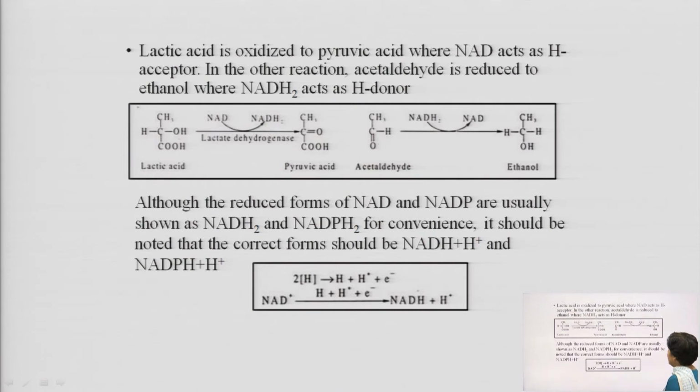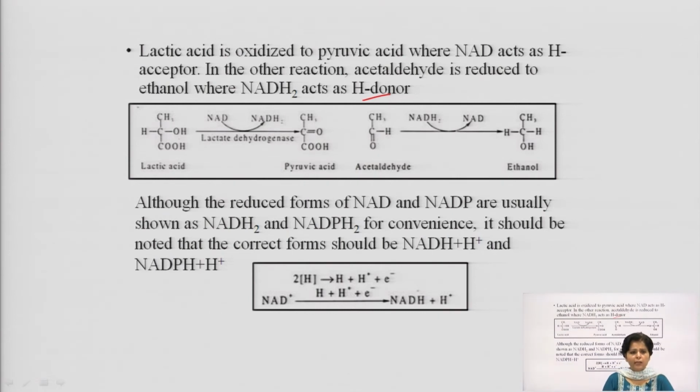Let's see the lactic acid example. Lactic acid is oxidized to pyruvic acid where NAD acts as a hydrogen acceptor. In the other reaction, acetaldehyde is reduced to ethanol where NADH2 acts as a hydrogen donor.